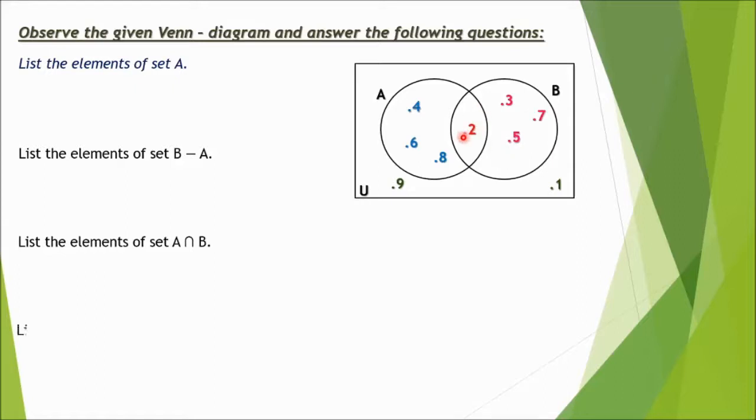Now list the elements of A union B, which means we have to write each and every element from both the rings of A and B, but without any repetition.